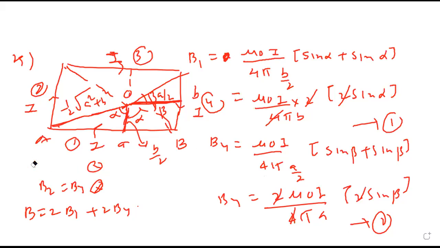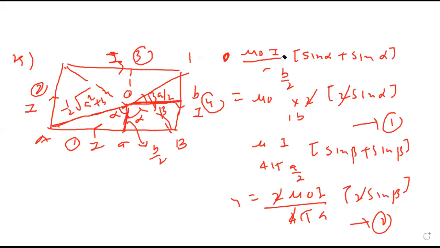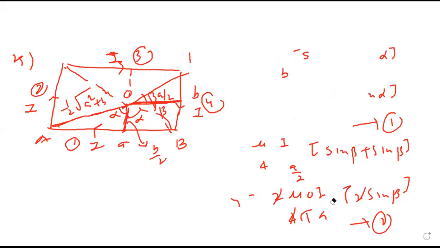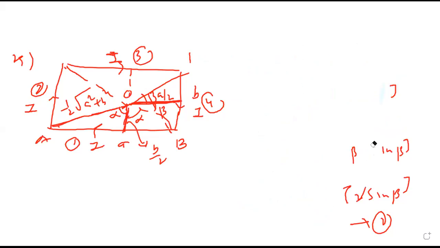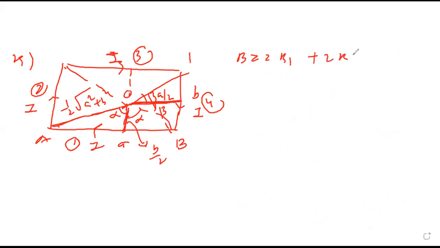Now we'll find the resultant. Net B is twice B1 plus twice B4.